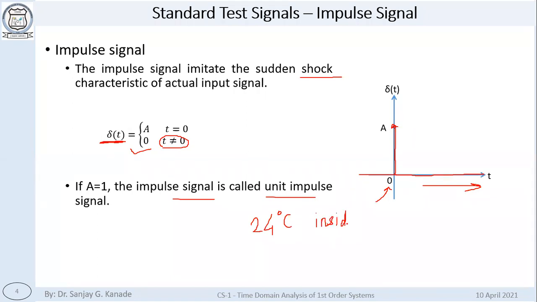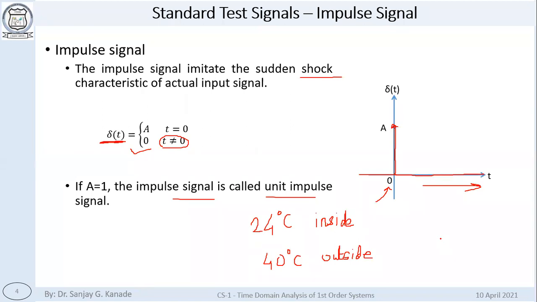And the outside temperature right now, if you can see, it is quite hot, so it would be around, let's say, 40 degrees. This is our normal observation. Now outside temperature is 40 degree centigrade, but inside we have a controlled environment, and the temperature is maintained at a constant of 24 degrees centigrade.